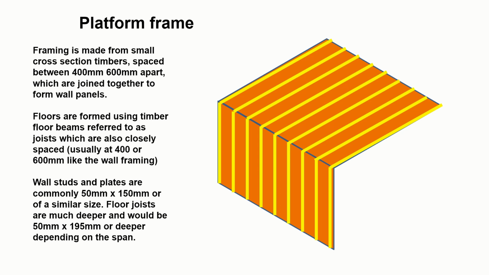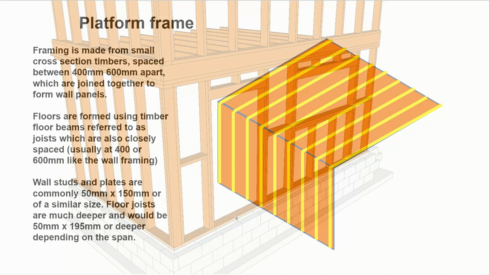The significance of the 400 and 600 is that it's a division of 1200, and sheathing panels tend to be delivered in 1200 by 2400 sizes. So if you have your studs spaced at 400 or 600, then you know that you can install sheathing panels without having to cut them. And it's a throwback to old imperial measurements. 600 millimeters is 2 feet.